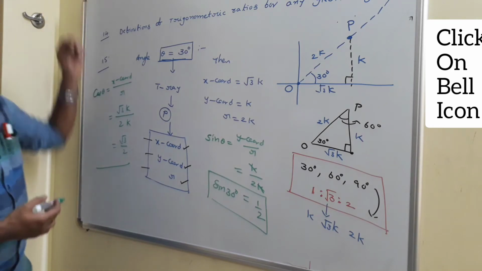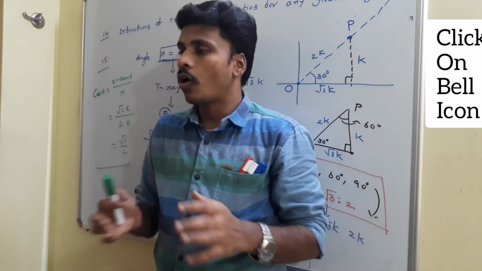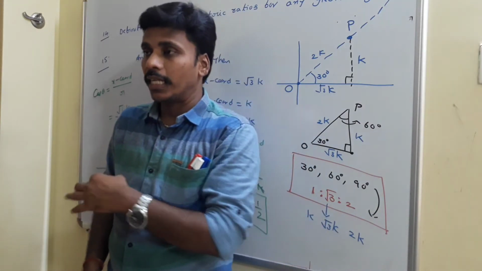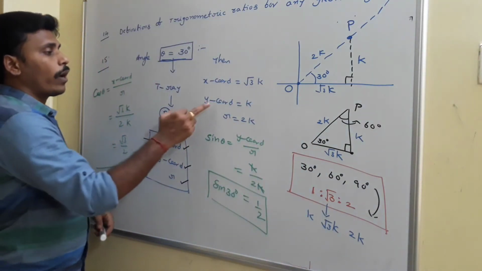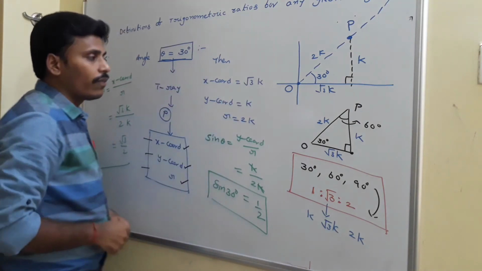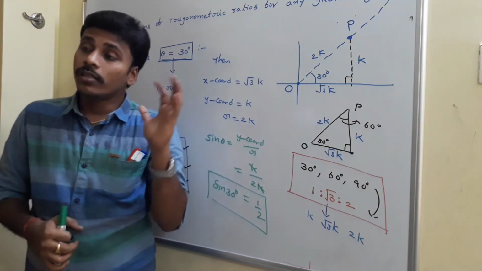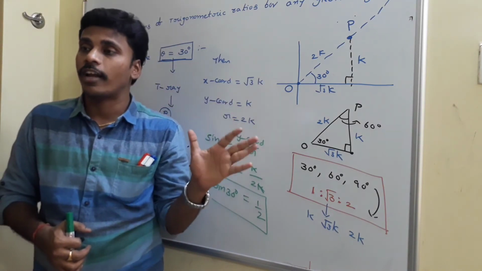Likewise, with the definitions of the trigonometric ratios, it is easy for us to calculate the values of all trigonometric ratios like sin theta, cos theta, and what is tan theta? The y coordinate by the x coordinate, k by root 3k, k gets cancelled, and tan 30 degrees is 1 by root 3. So this is the initial way to calculate trigonometric values.